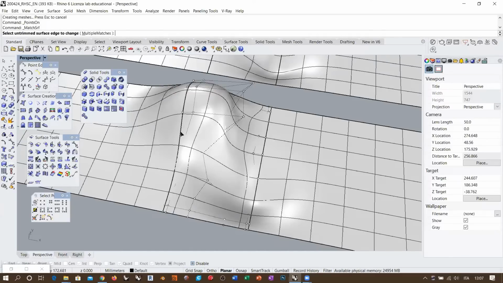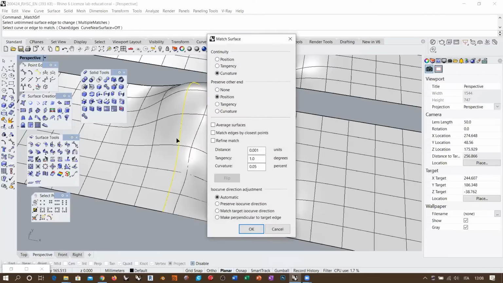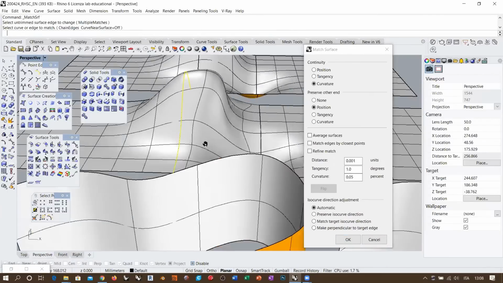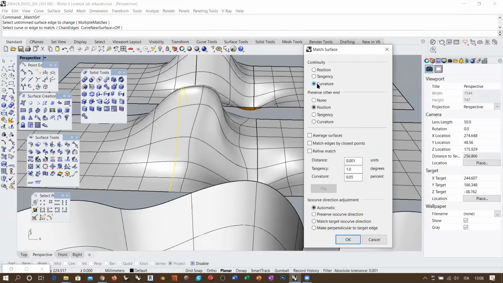Here we have both edges. So when I click here, I must select not this edge, which belongs to this surface. I must select the other one, which belongs to our internal surface. So I want to match this edge with the edge of the surface to match, which is going to be the other one. And I want to match it with curvature continuity.